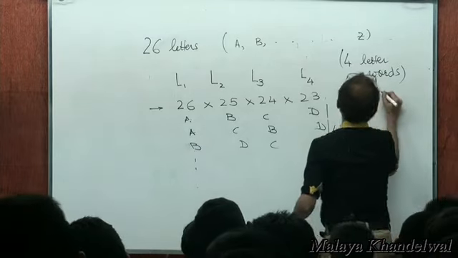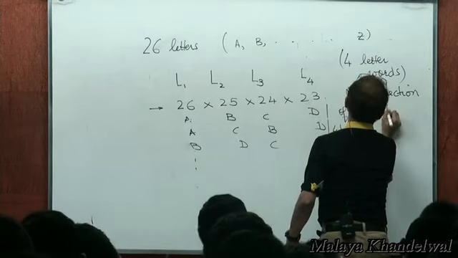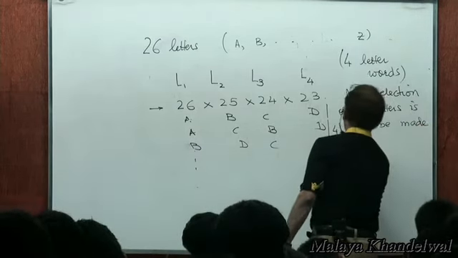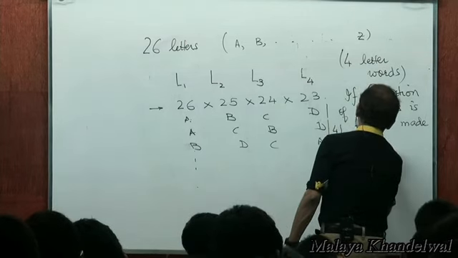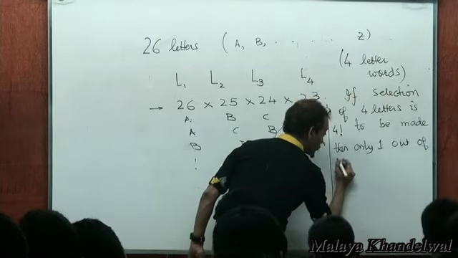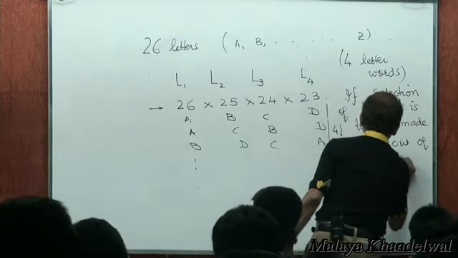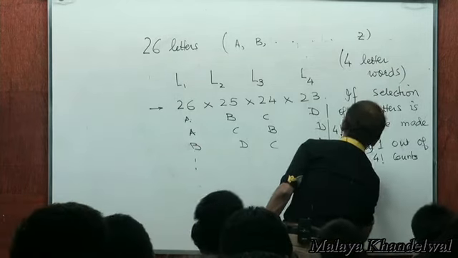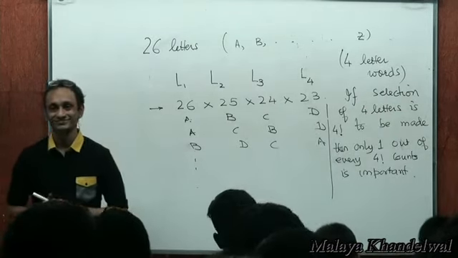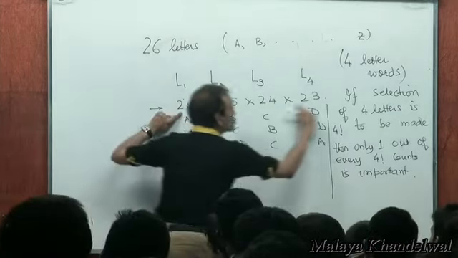If a selection of 4 letters is to be made, then only 1 out of every 4 factorial counts.